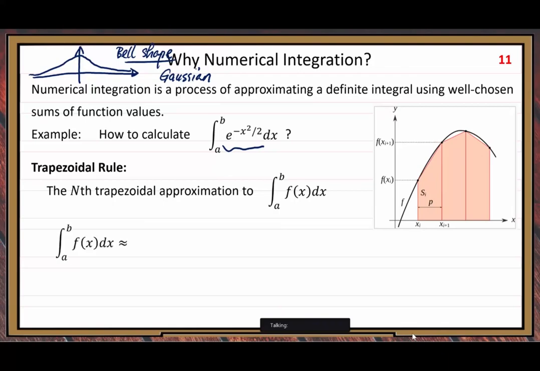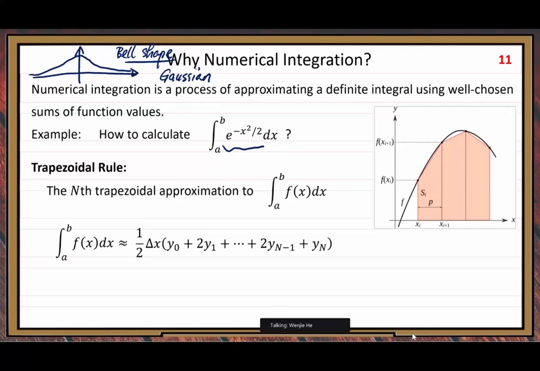The formula is approximately equal to the area calculated based on the trapezoid rule. Delta x is the length of each small line segment, when we divide the given interval from A to B into equally spaced pieces. Then delta x times the y values, summed.